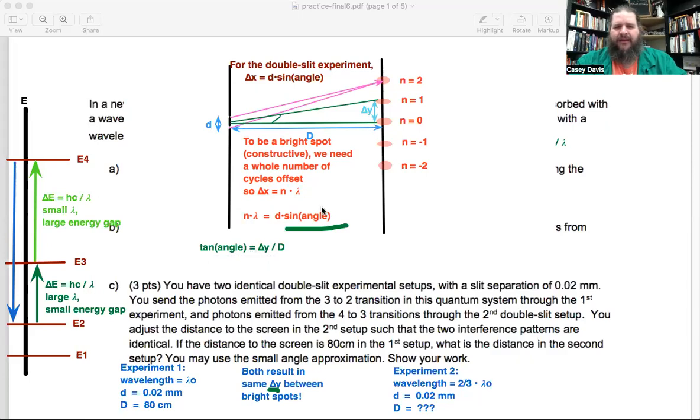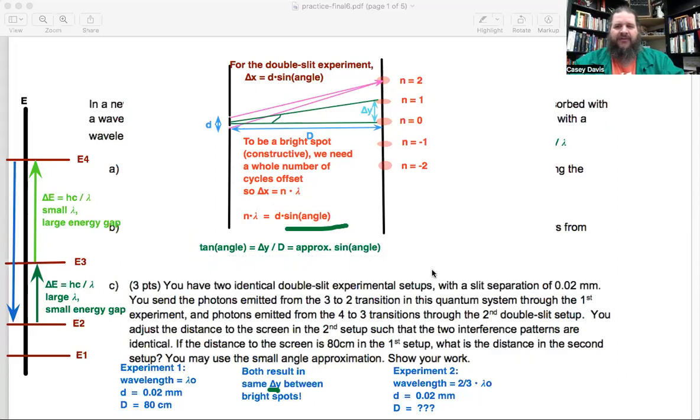That's not quite the same as sine of the angle, but it's going to be very, very close. For small angles, sine of the angle and tangent of the angle are almost the same anyway. Because sine of the angle would be delta y over the hypotenuse. But if the angle is very narrow, the hypotenuse and that horizontal leg are almost the same distance anyway. So we can say this is approximately equal to sine of the angle. That's called the small angle approximation.